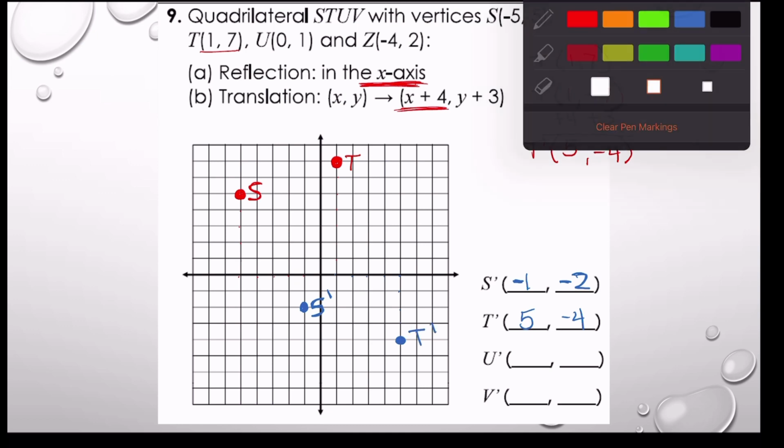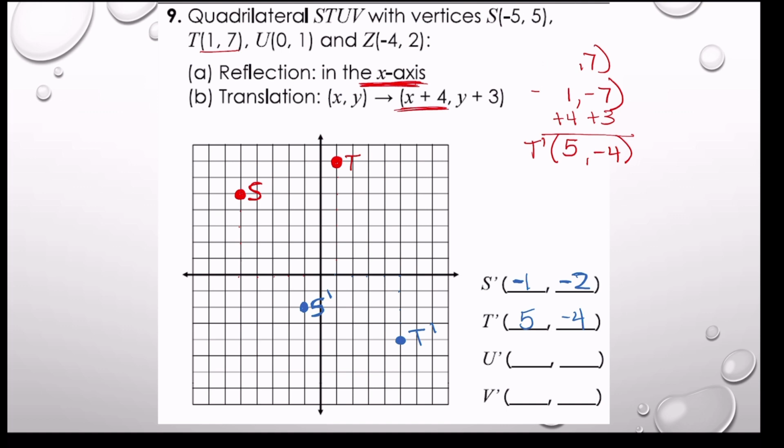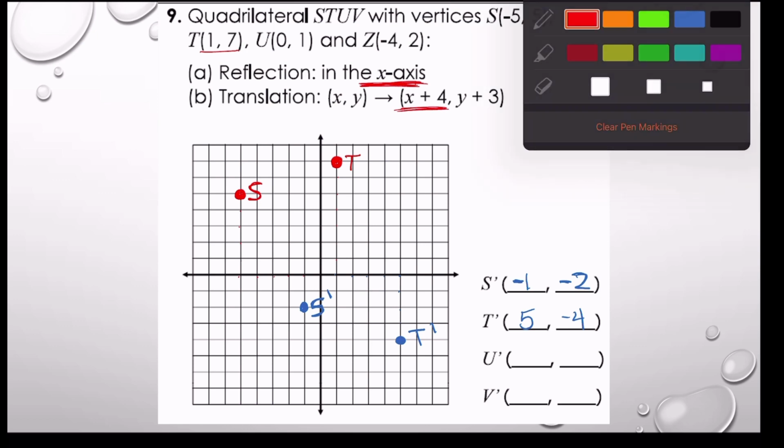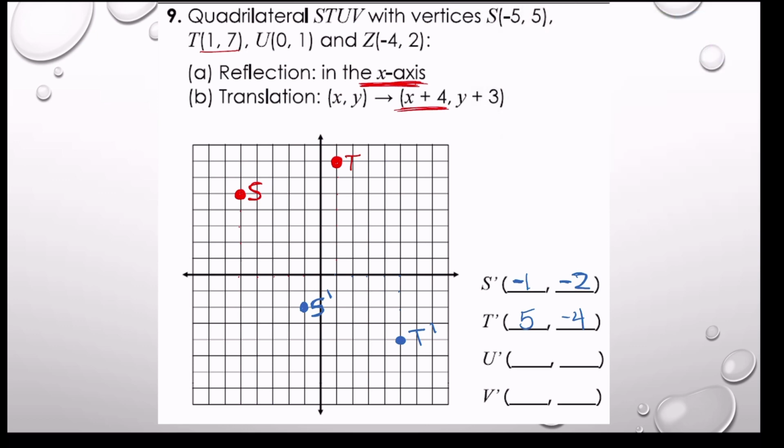Let's go do another one. So this time, let's plot down my u point. Let's go look at u. So my u is 0, 1. Here is my u. When I do u prime over the x, my x stays, my y changes.